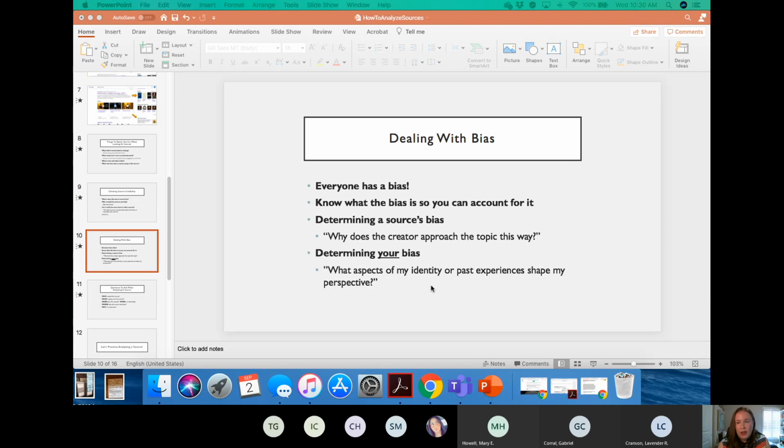For example, when we start talking about the Industrial Revolution later this semester in History 1301, you're going to notice probably that I am very sympathetic to workers and to labor unions.